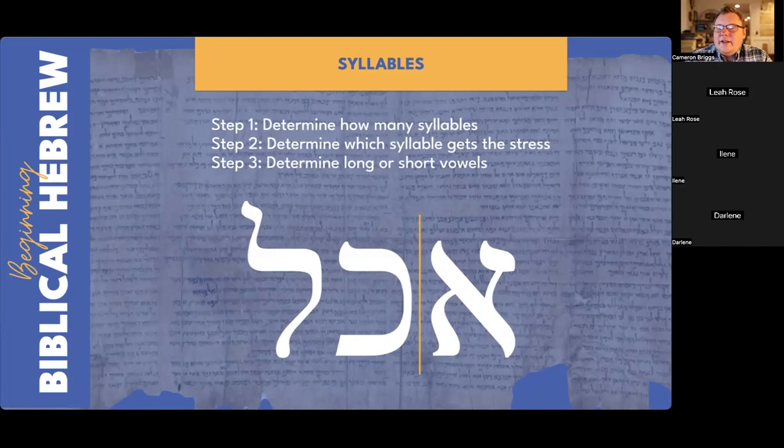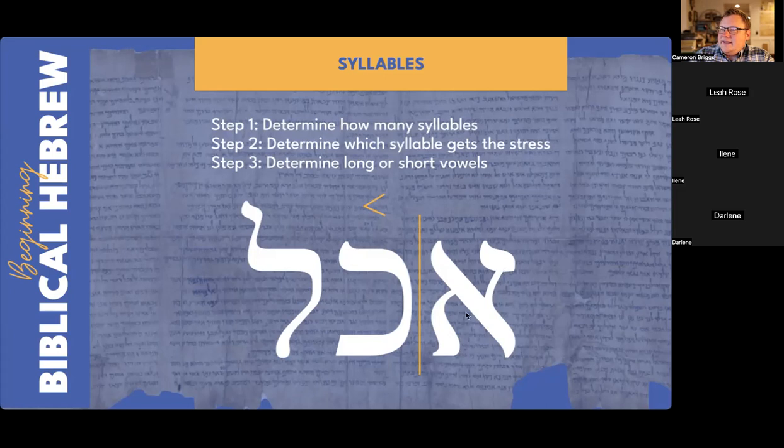That's going to be the last syllable. We don't necessarily have to put that mark on there because it follows its normal pattern, but just for the sake of this exercise, we're going to put that stress mark on there to show it. Achal. And then we're going to determine where the patach goes and where the kamatz goes.